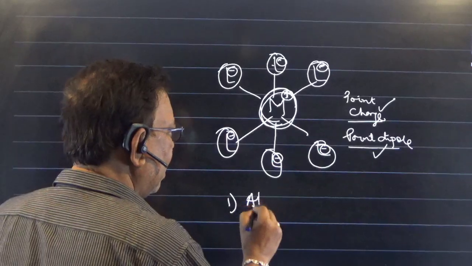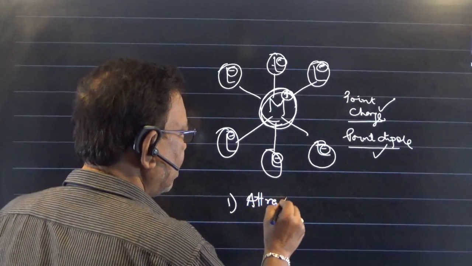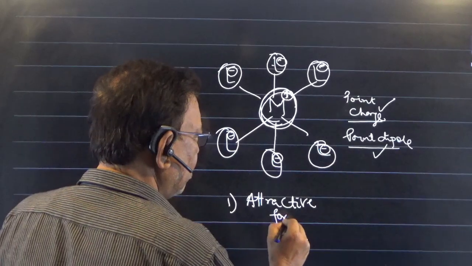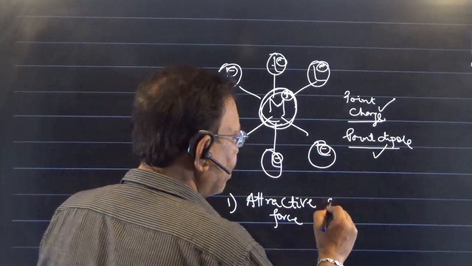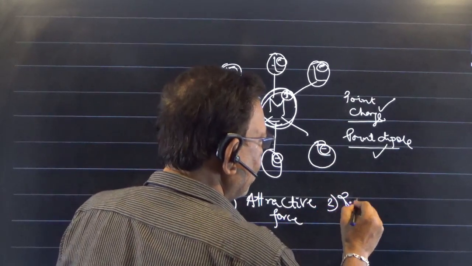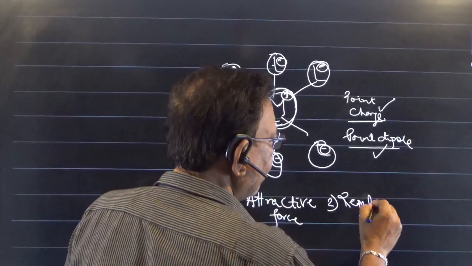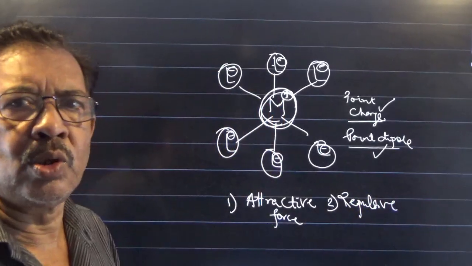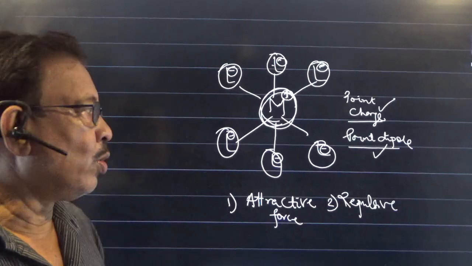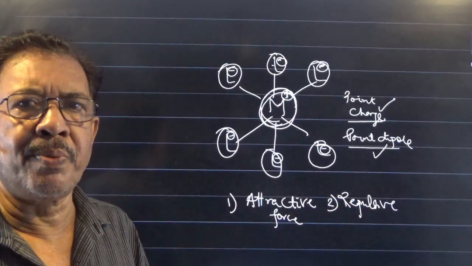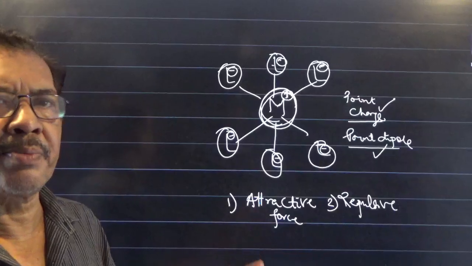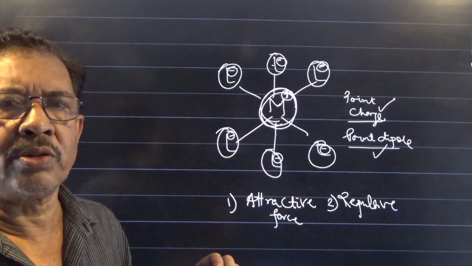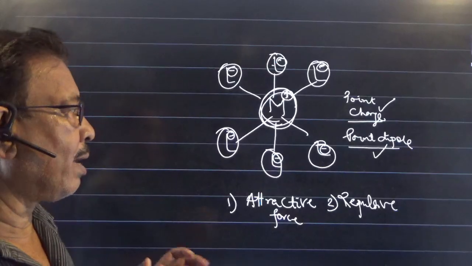One is an attractive force, and number two is a repulsive force. Those who could not follow the repulsive force, please tell. Ananya kept silent. So where is the repulsive force?